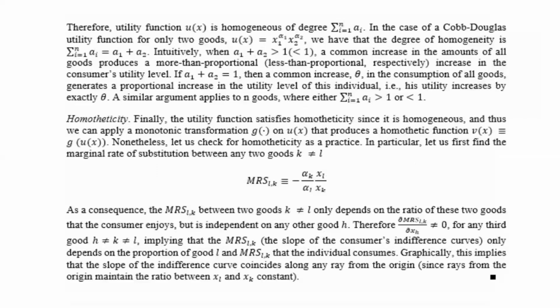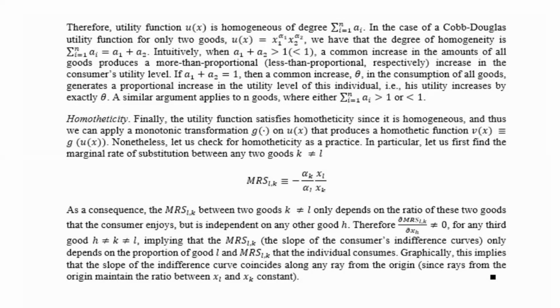In the next slide, we get that theta to the power summation of ai is the degree of homogeneity here. For two goods, summation of ai means a1 plus a2. And when a1 plus a2 is greater than 1, that means a common increase in the amount of all goods produces a more than proportional increase.